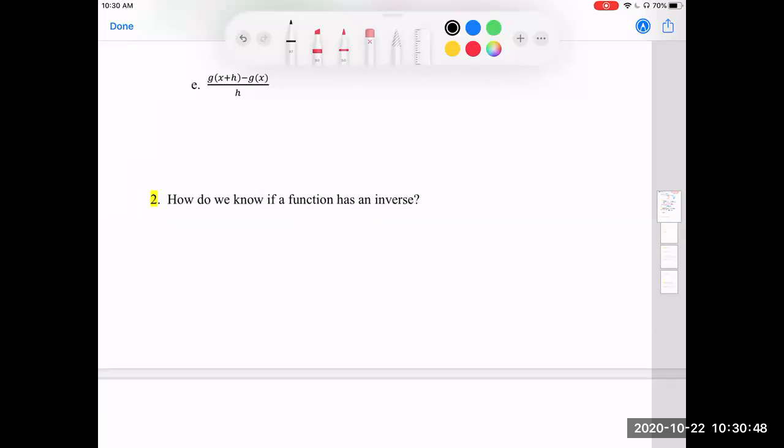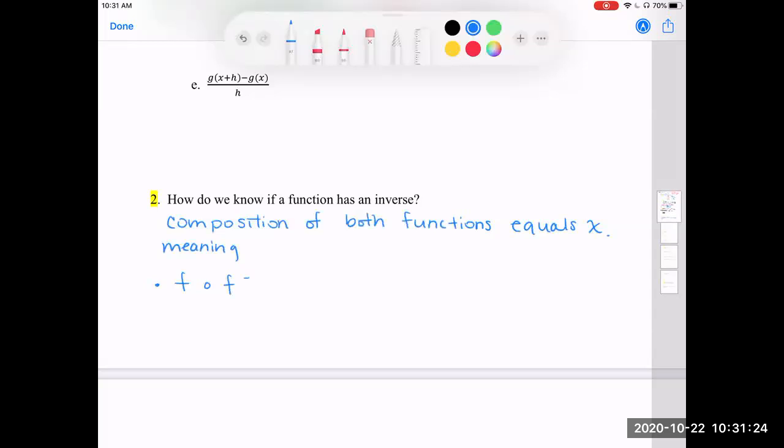All right, 2. How do we know if a function is an inverse? So we learned a pretty cool equation that helps us determine if it's the inverse. If a function is inverse, composition of both functions equals x, meaning f composed of your f inverse of x will result in x, and vice versa.